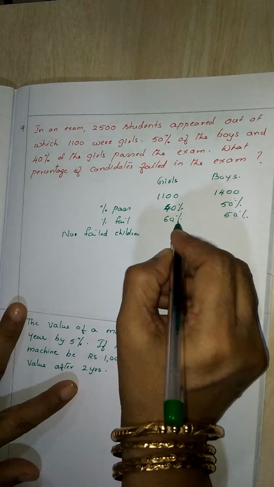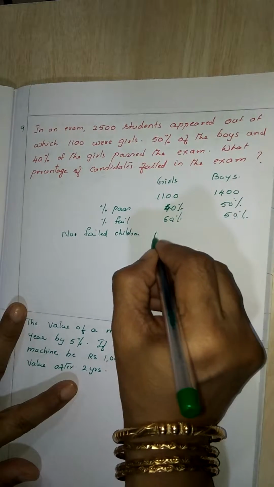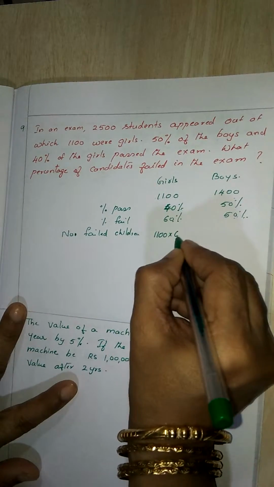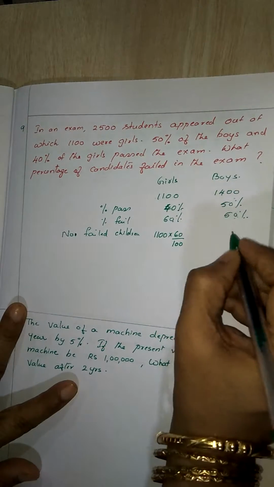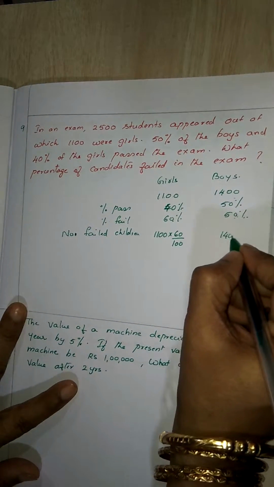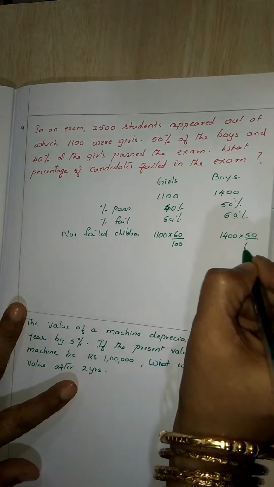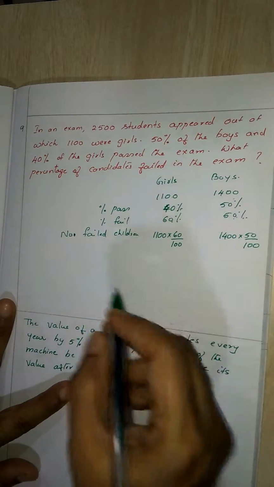So 60% is failed, total students is 1100. So 1100 into 60 by 100, here 1400 into 50 by 100.